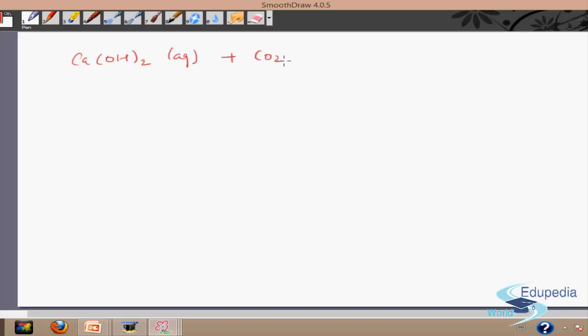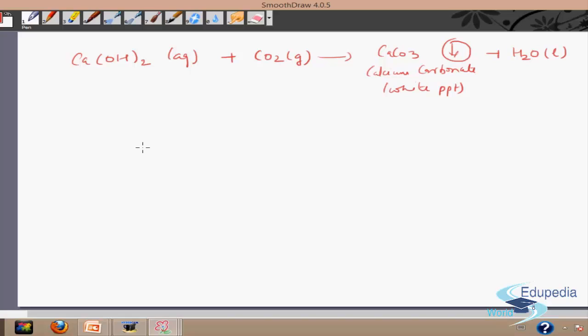Plus carbon dioxide gas is passed in the lime water, which is giving out CaCO3, that is calcium carbonate, plus water, which is in liquid form. So this is actually a white precipitate which is formed. So we can write this by a downwards arrow.